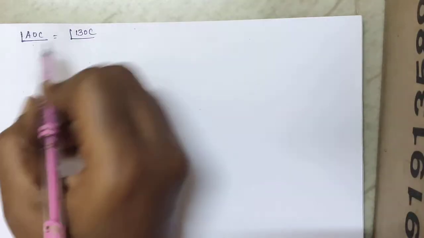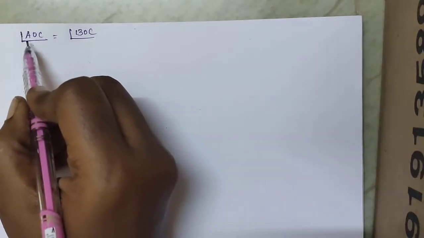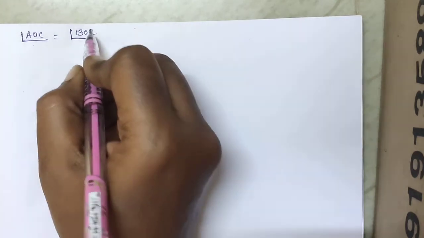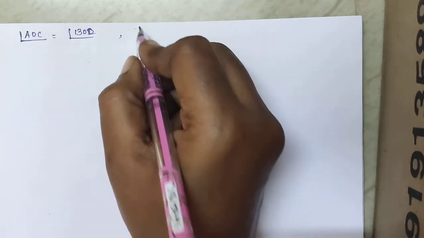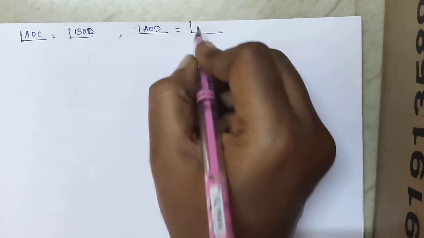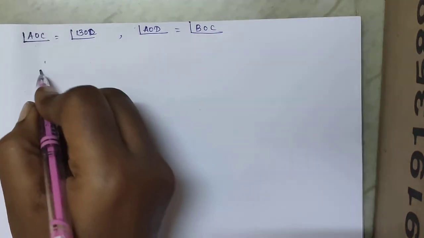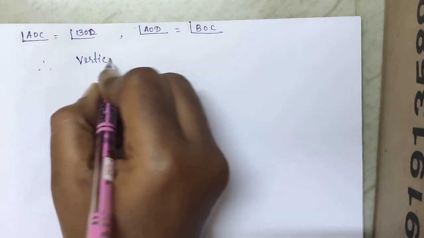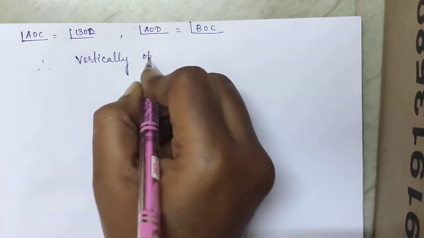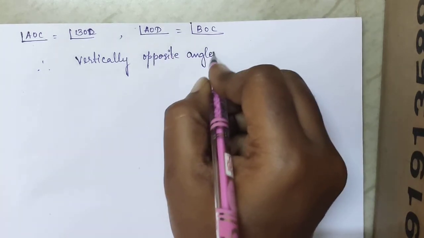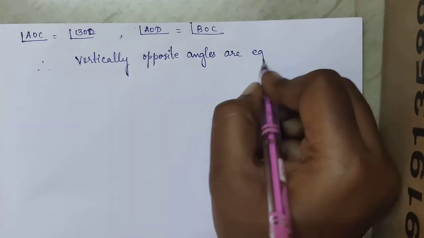Now angle 1 is equal to angle 2 means angle AOC is equal to angle BOD. Now similarly angle 3 is equal to angle 4 means angle AOD is equal to angle BOC. Therefore vertically opposite angles are equal.